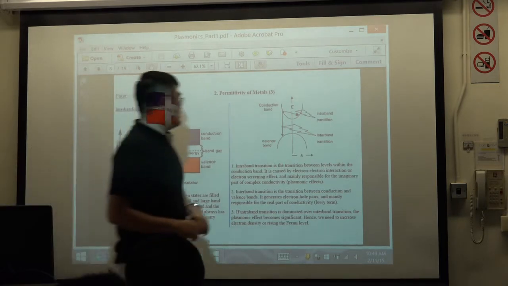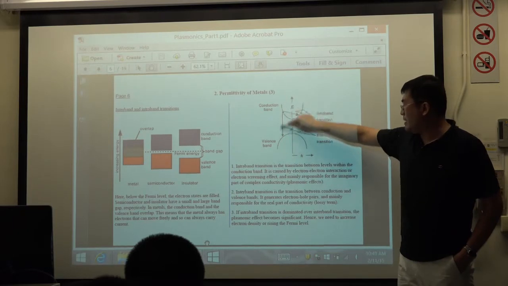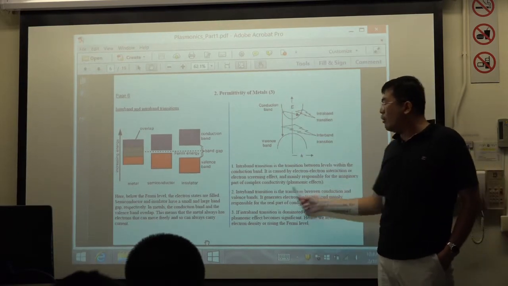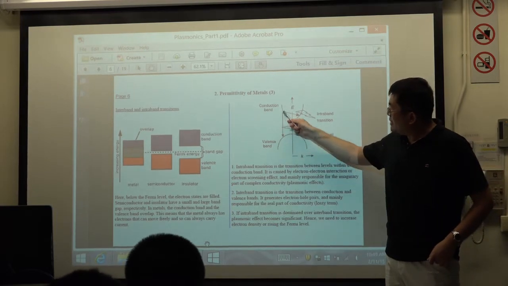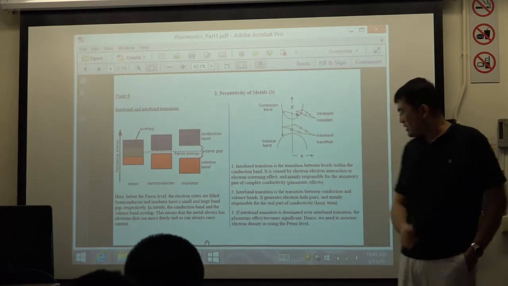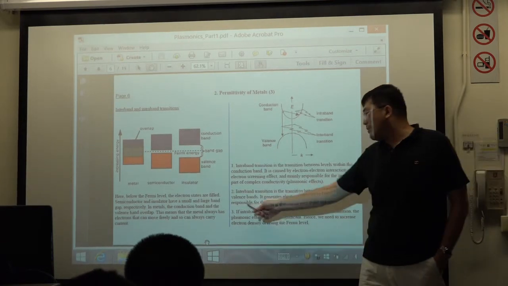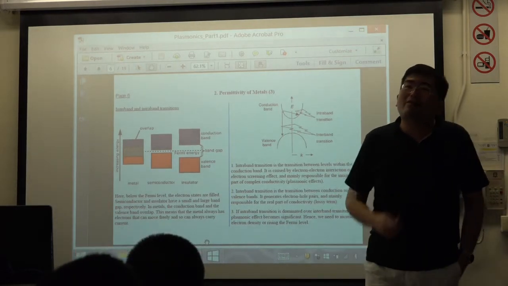It's interband transition. Interband transition is just a transition between the conduction and valence band. It's the generation of electron-hole pairs. It's very important. Electron-hole pair generation, also recombination. This is the interband transition, and it is mainly responsible for the real part of conductivity. What's the meaning of the real part of conductivity?